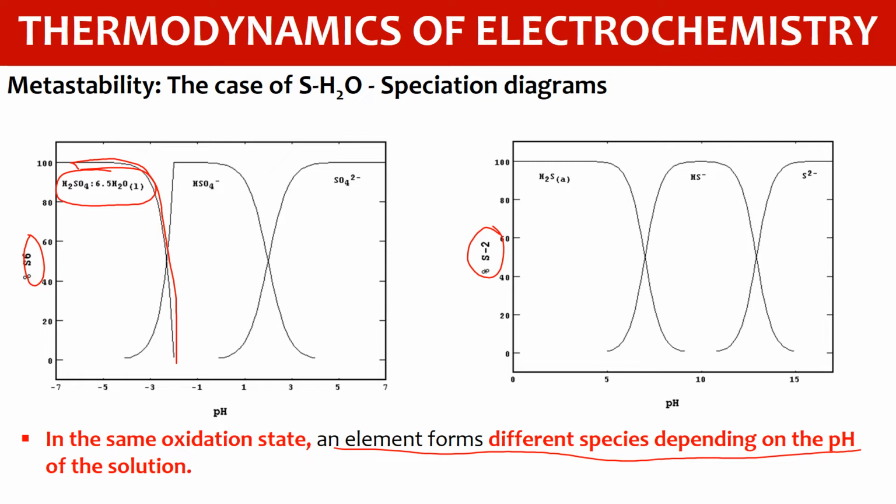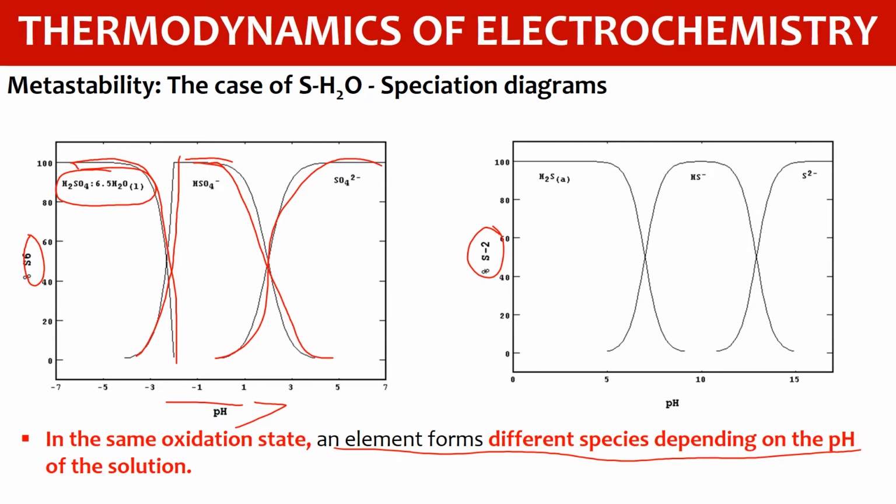As it goes down, the concentration of HSO4- also begins to rise. But as you continue to increase your pH, it also begins to fall, and then your sulfate, SO4 2-, begins to increase. So these are some of the metastability cases for your S6+.